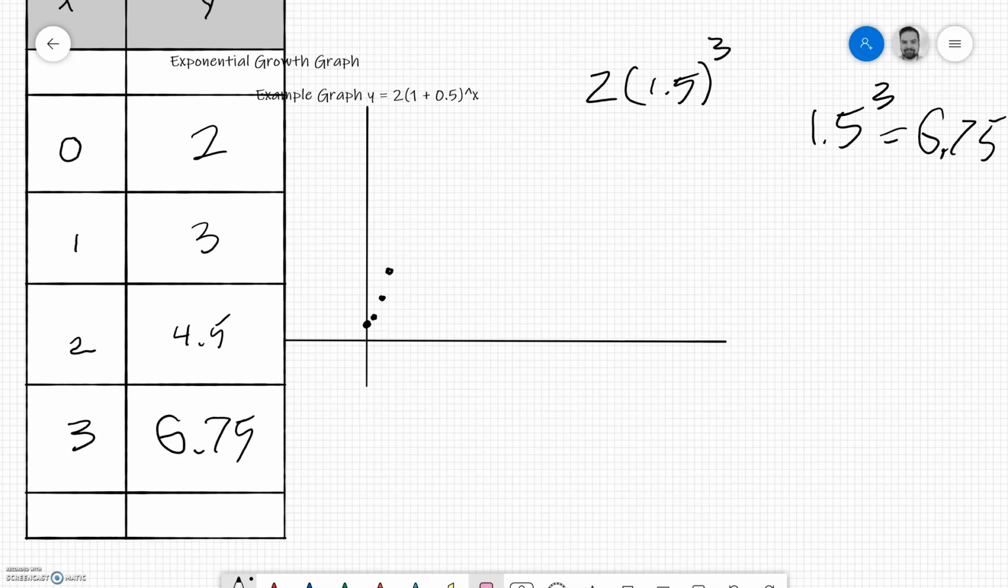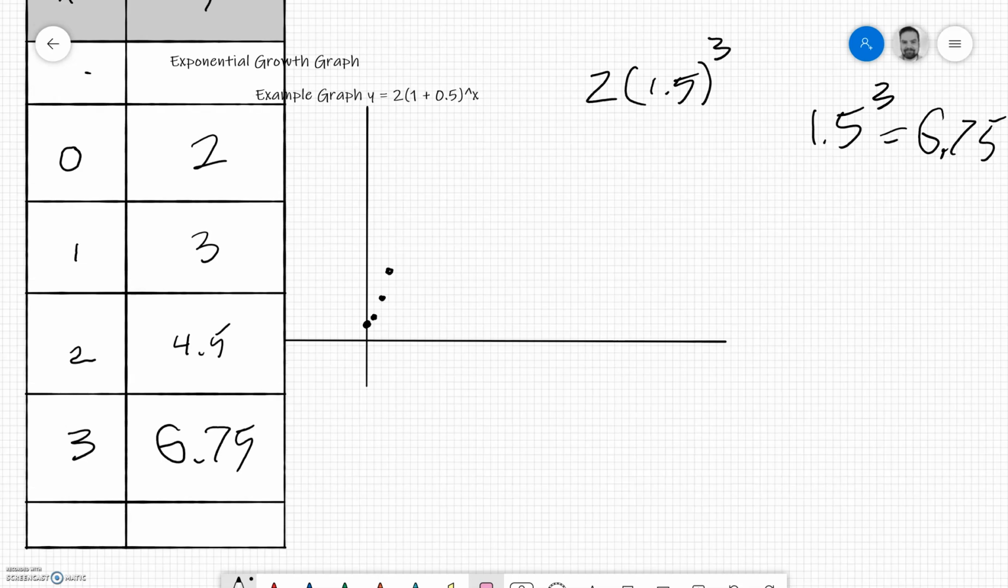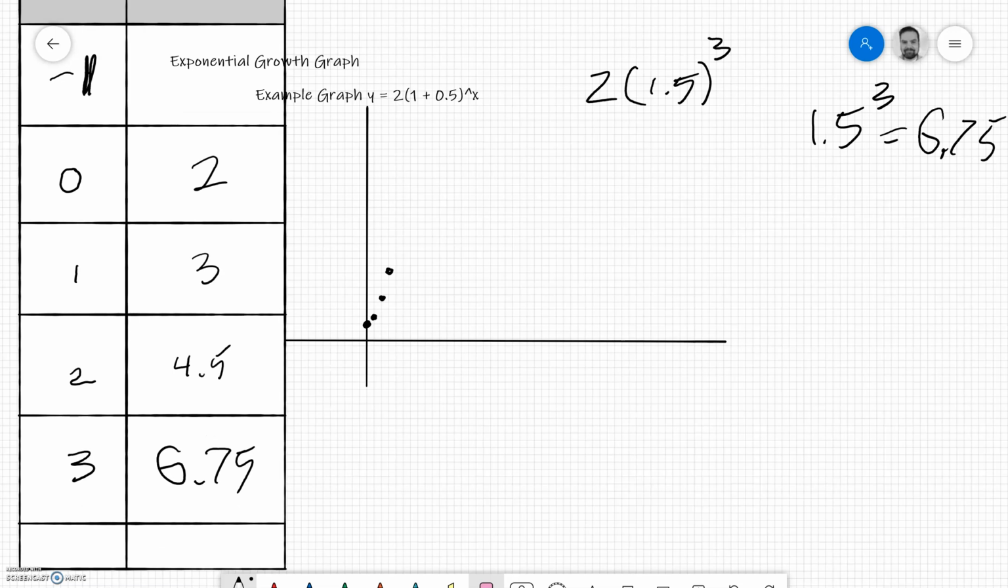If I were to go in the opposite direction, which is why I left this space open up here, let's take a quick look at -1. If I were to plug in -1, that would be 2 times 1.5 to the power of -1.